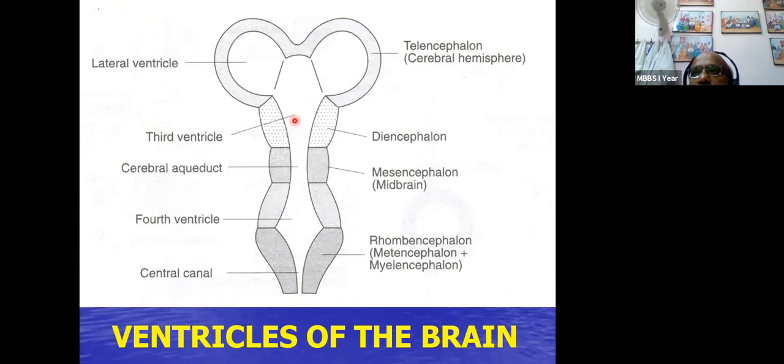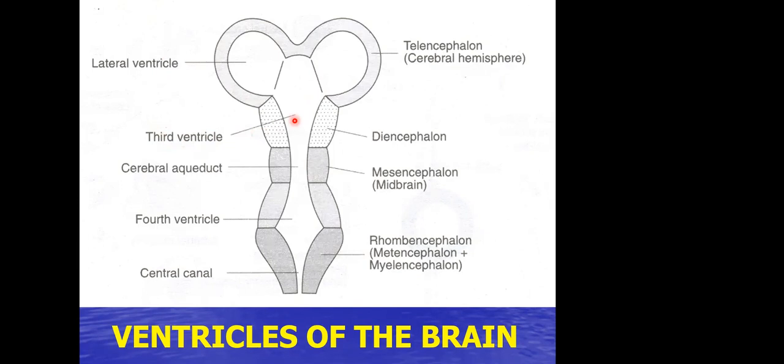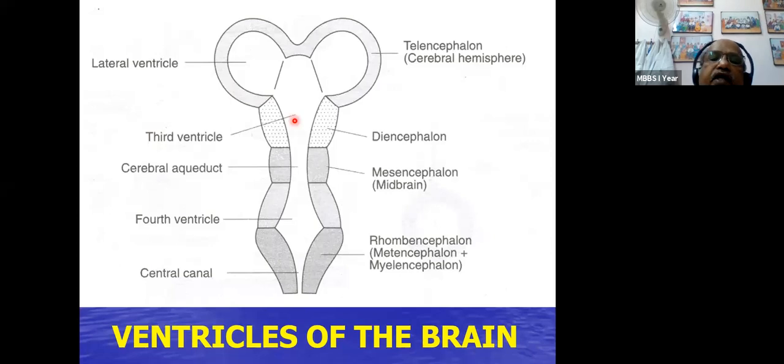So now, what are all the boundaries you expect for your third ventricle? From this picture, can you analyze and tell? Thalamus and hypothalamus. So the third ventricle, only one we have, but we have two lateral ventricles, one in each cerebral hemisphere, totally two.